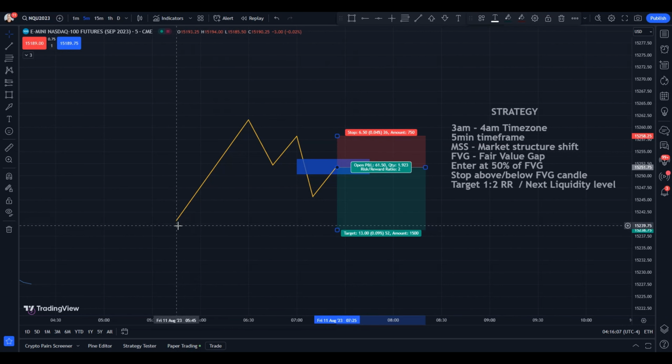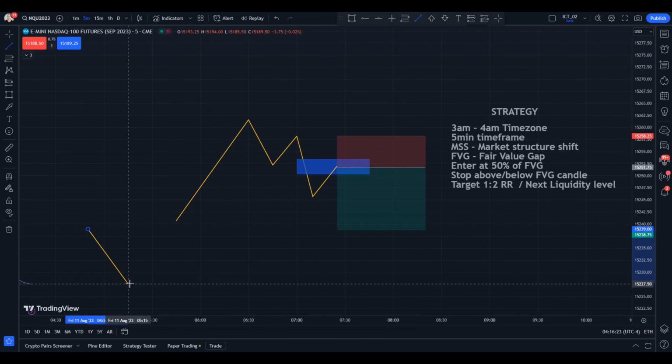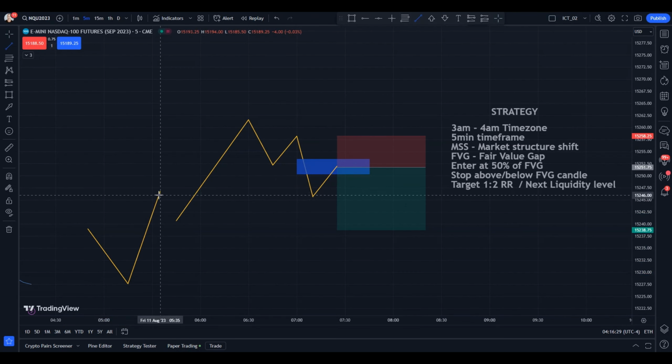Or we look for a liquidity level down below. For example, if the market turned down here, that formed a specific level, a support level. Let's say it was something like this, and like that.